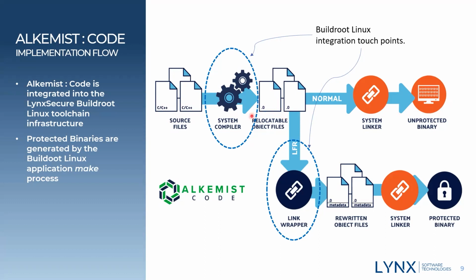Alkemist code intercepts and takes over the process at the link stage, where the Alkemist code technology is linked with your application, creating a new object file that's now a protected binary with the function randomization capabilities built in. It's at these touch points in the system compiler and linker that Alkemist code is integrated with Buildroot Linux, making it easy to create protected binaries using the LYNX MOSA.ic Buildroot framework.